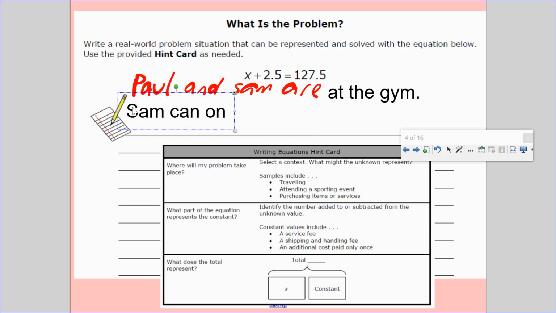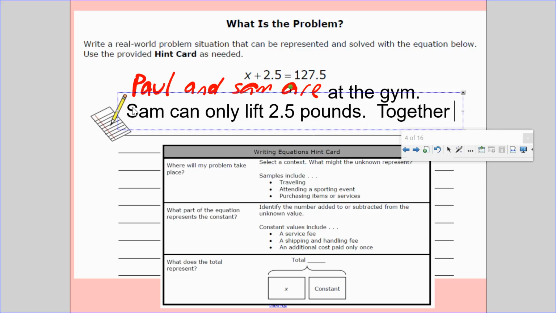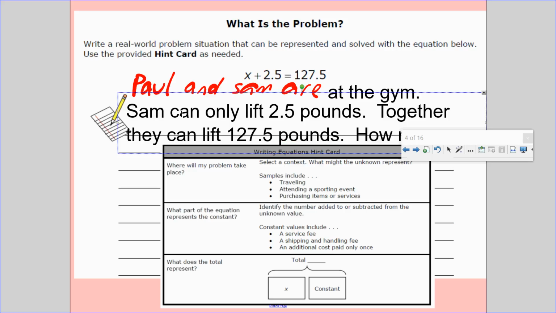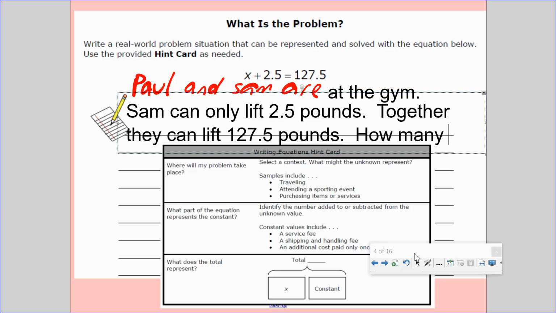Sam can only lift 2.5 pounds. Together, they can lift 127.5 pounds. How many pounds did Paul, X, lift?